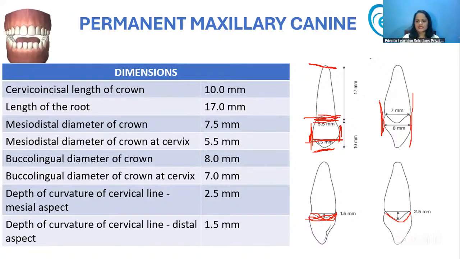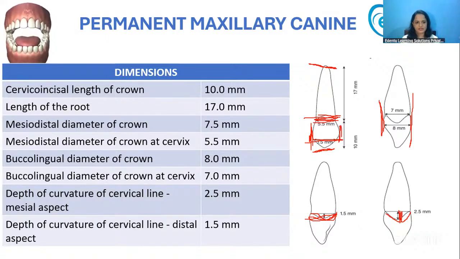So this determines the depth of curvature. The depth of curvature will usually be very prominent at the mesial side and a little bit less prominent in the distal side. That is the usual case regarding the anterior teeth.